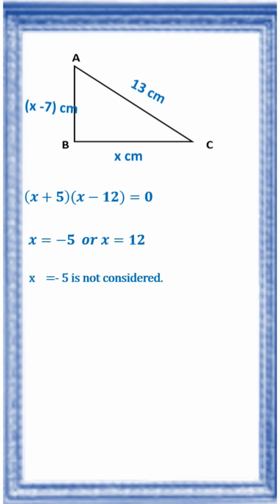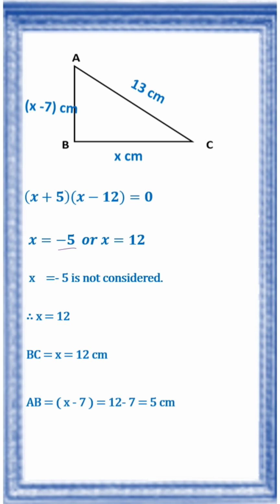x is equal to minus 5 cannot be considered. Why? Can the height or base of a triangle have a negative value? It cannot. So x is equal to 12. So BC is equal to 12 centimeter.